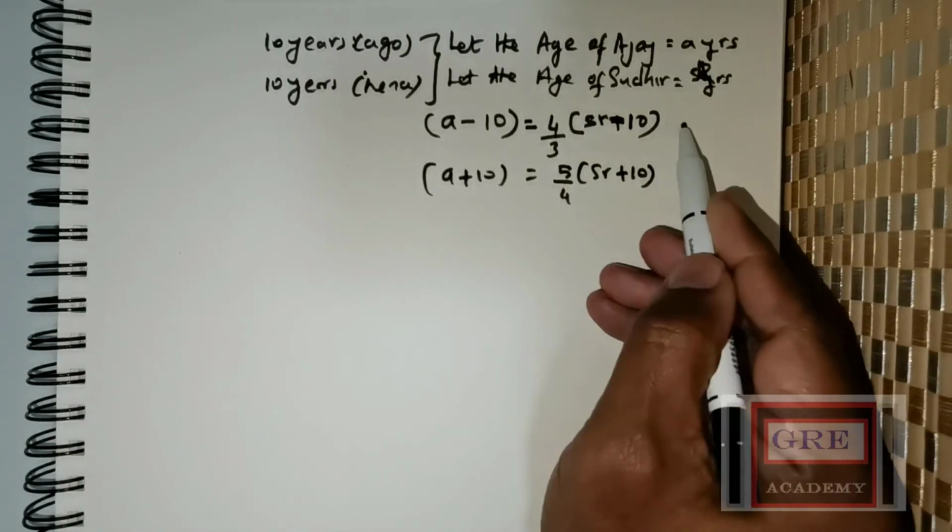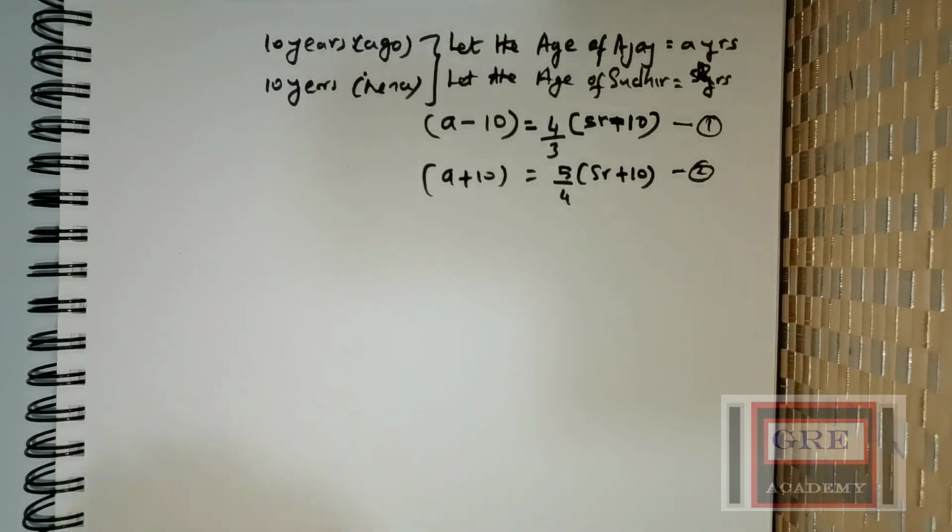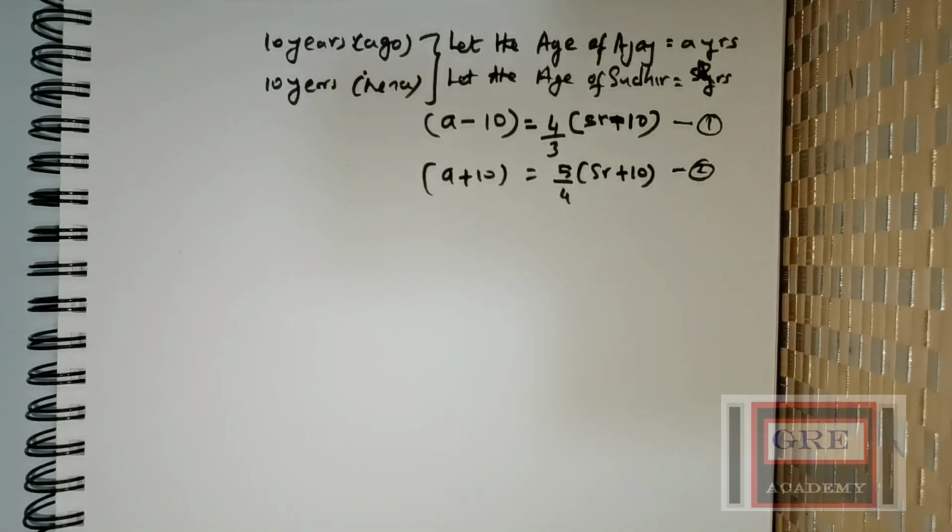So we have got two equations, equation 1 and equation 2, and we are expected to solve them and find the present age of Ajay.